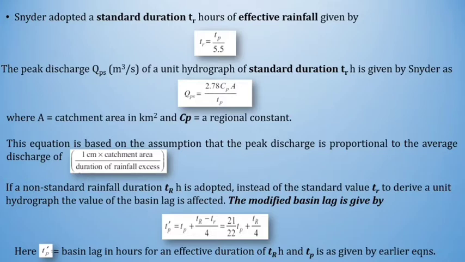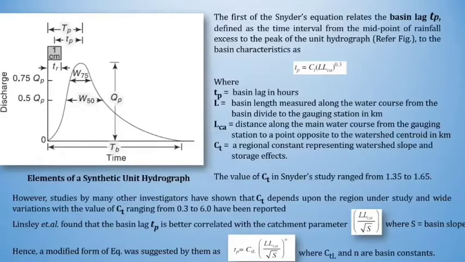Therefore, where a non-standard duration rainfall is considered, the modified basin lag T dash P is given by the formula T dash P is equal to Tp plus T suffix capital R minus small t suffix small r divided by 4, which is further simplified as 21 by 22 times Tp, that is basin lag, plus T suffix capital R divided by 4, where T dash P is the modified basin lag in hours for an effective duration of TR hours, and Tp is given by the earlier equation. You can find out the value of Tp by any of the earlier equations.